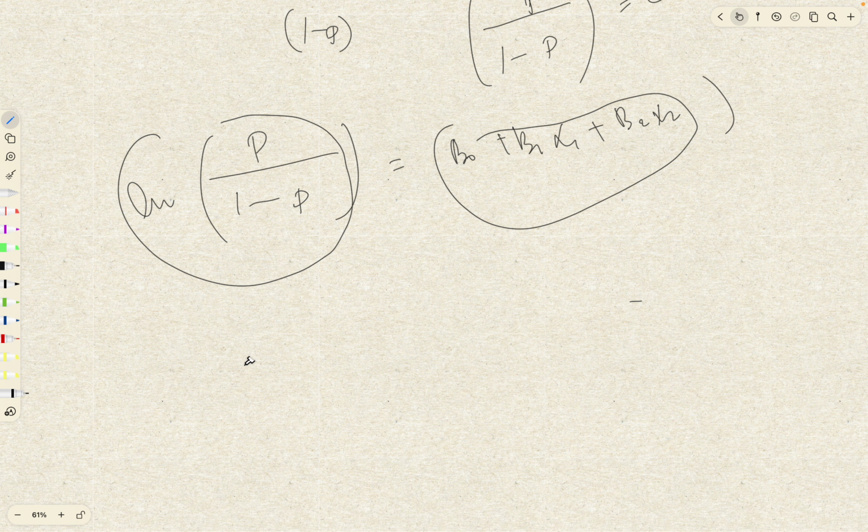What we can do is take the exponent of each side, and as you know, ln and exponent cancel each other out, and what's left here is that p divided by 1 minus p is the exponent of these coefficients.